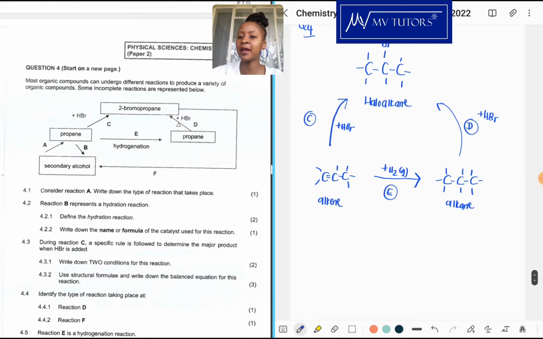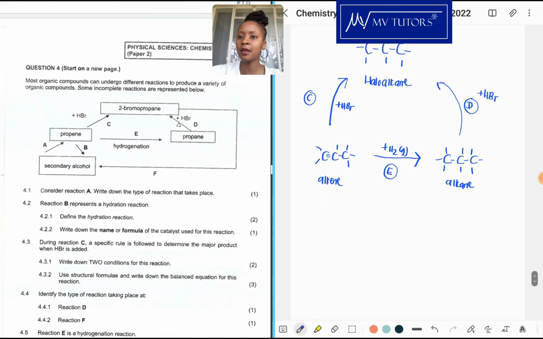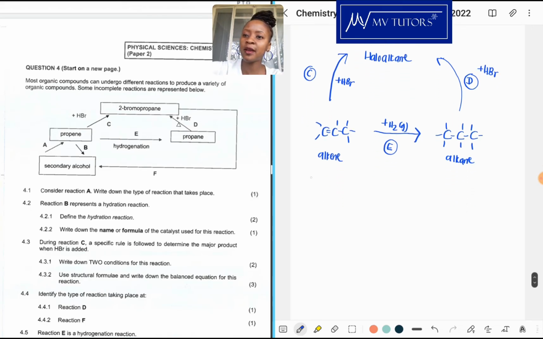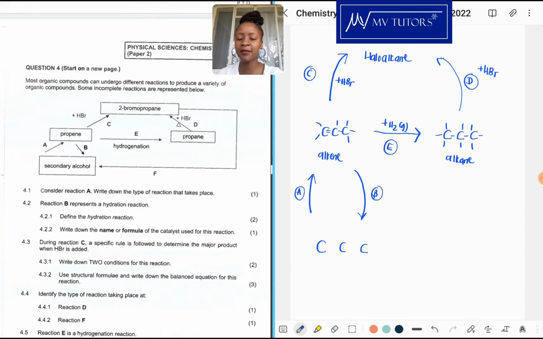Okay, and now what do we have? Then we have a secondary alcohol. So going up, we have process A. And then going down, we have process B. And we have a secondary alcohol. Okay, so that is a nice tip. Because we've been dealing with 3 carbons here, if it's a secondary alcohol, it has to be the middle carbon.